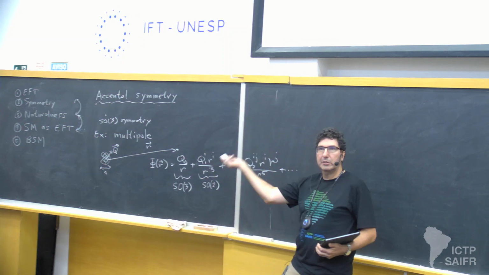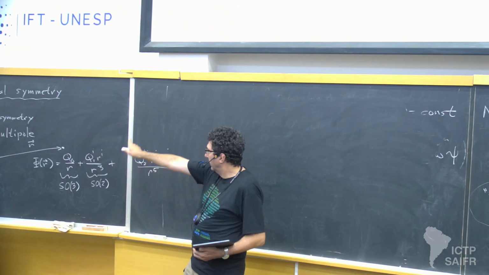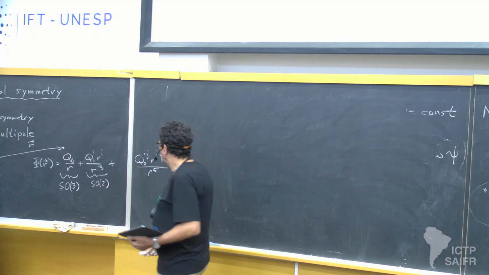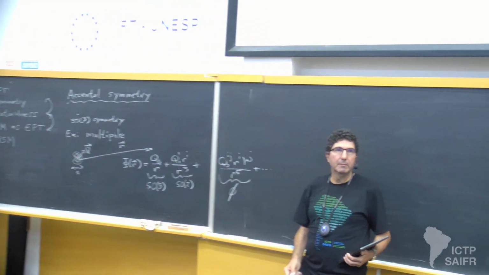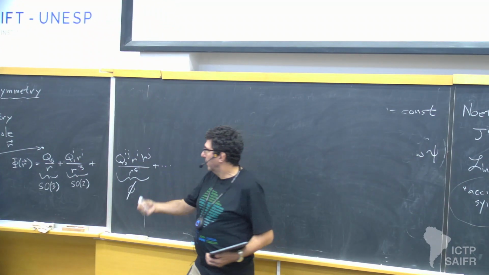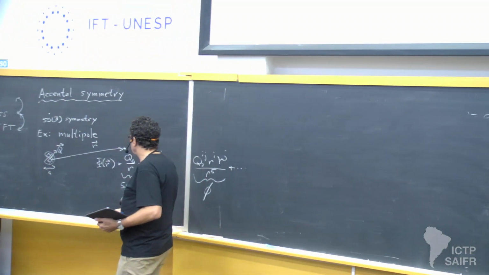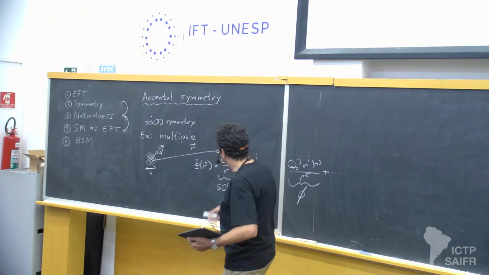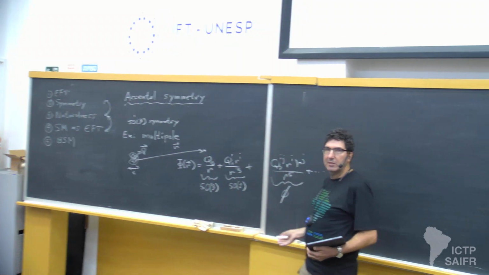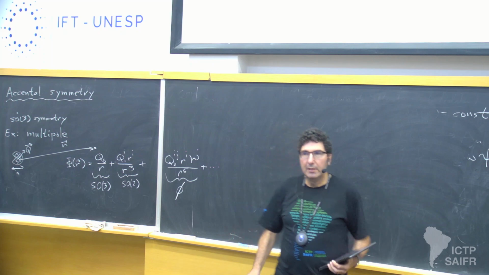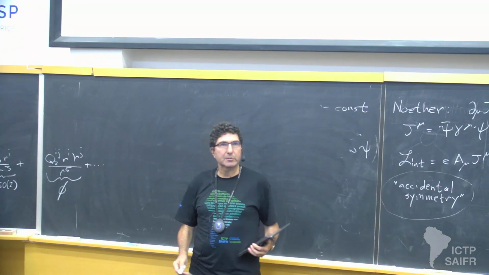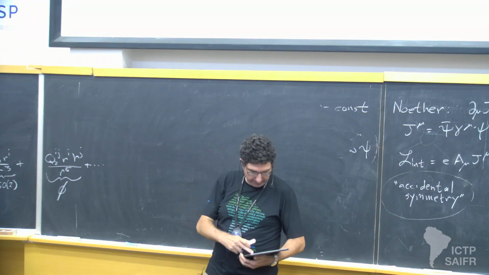It preserves the rotations around that dipole moment, okay? And then, if I have a generic quadrupole moment, I don't have any symmetry. So what you see is that as you go to higher orders in this expansion in A over R, you're getting sort of less and less symmetry. But at the leading order, you have some symmetry, okay? So this is what is meant by accidental symmetry, okay?